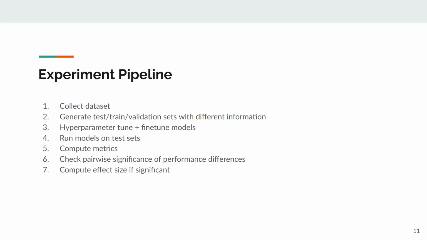And if this is statistically significant, we also numerically compute the effect size to see how big this improvement is, which allows us to simply compare how much different types of information are worth to these models.